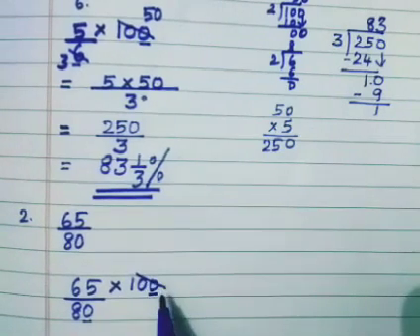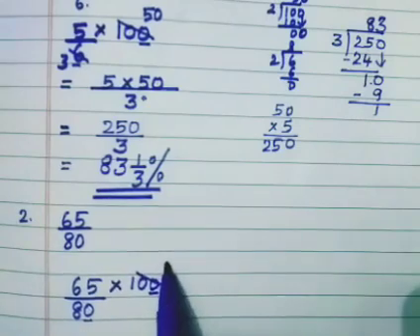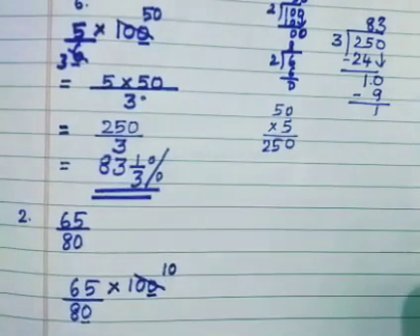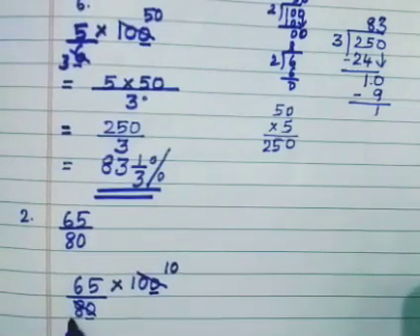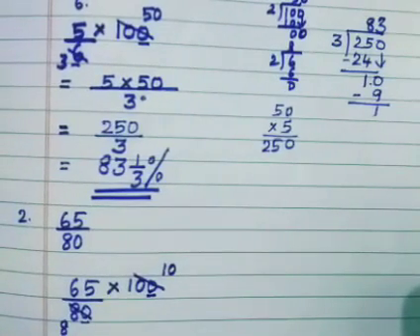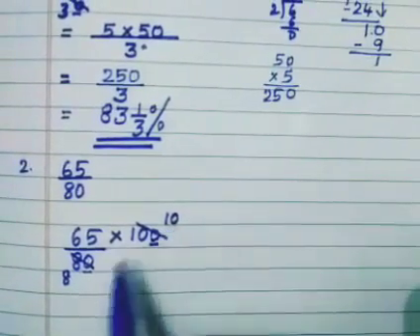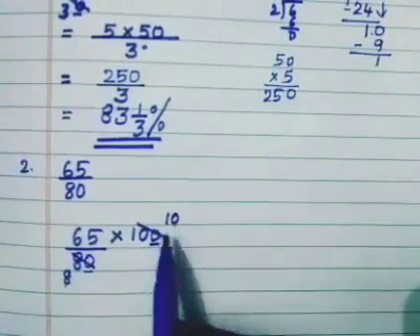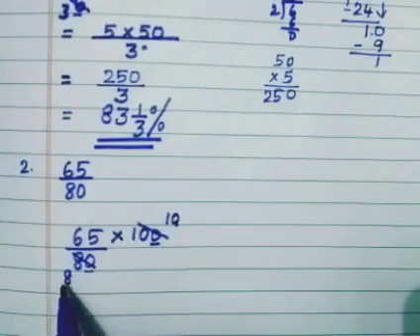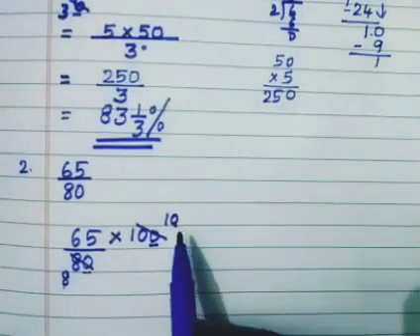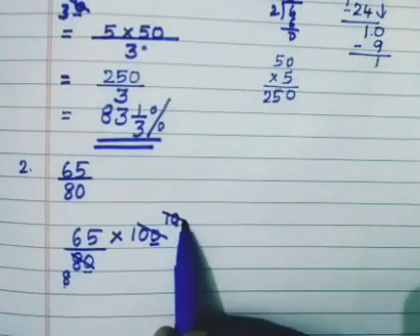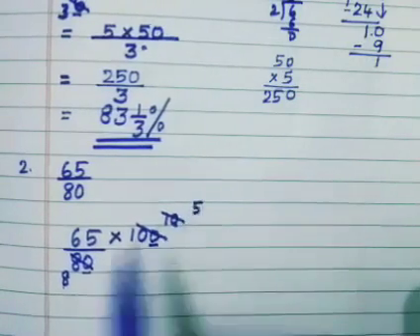Okay, so we can cancel it by 10's table. 10 10s are 100. Then how many times 10 goes in 80? It goes 8 times. So I have written here 8. Then look once again at the numerator and denominator. Here 10, here 8. There is a common factor. Which is that number? 2. So 2 goes 5 times in 10.